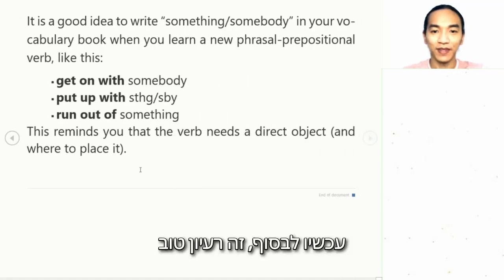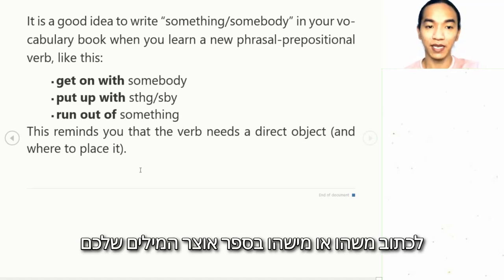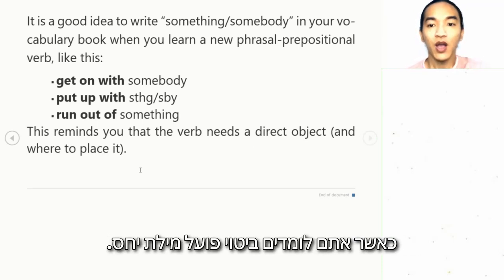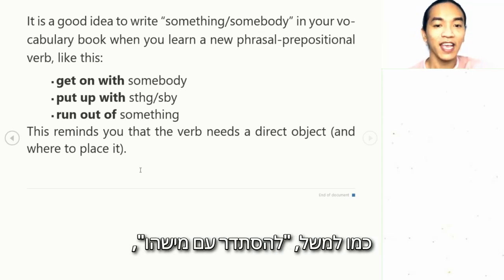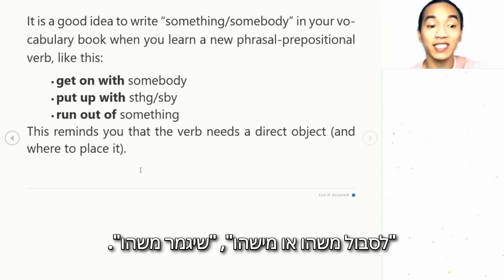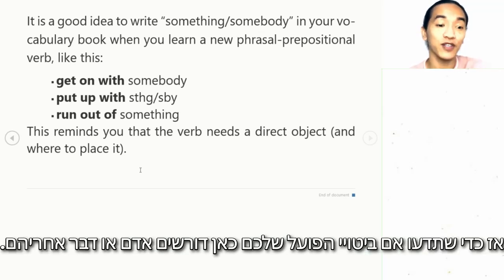Now, lastly, it is a good idea to write something or somebody in your vocabulary book when you learn a phrasal prepositional verb. For example, get on with somebody, put up with something or somebody, run out of something. So, for you to know if your phrasal verbs require a person or a thing after them.